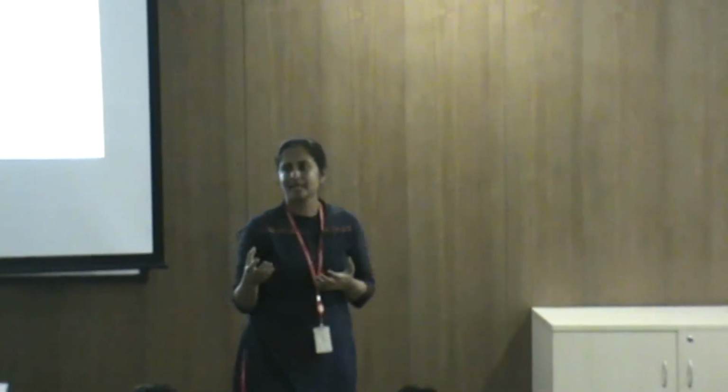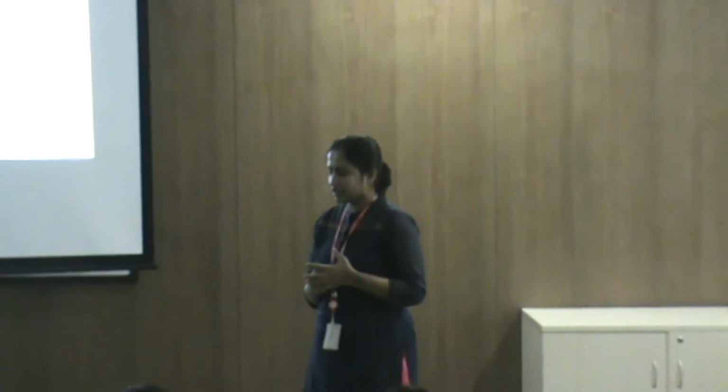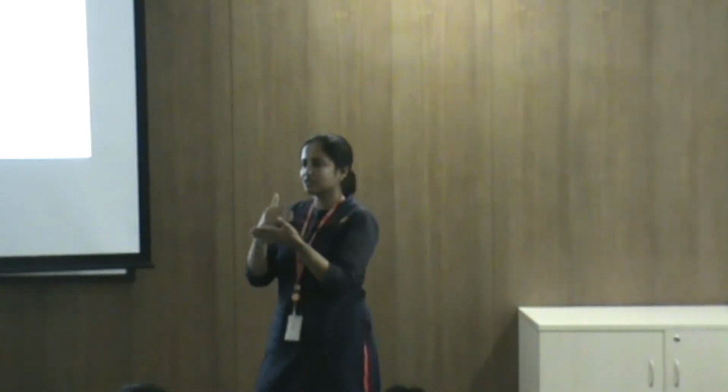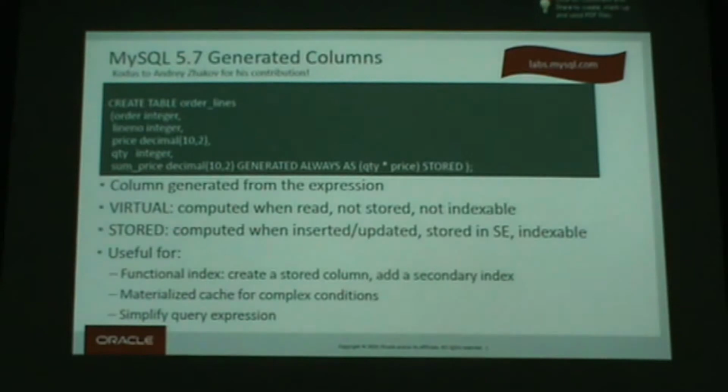This is useful for something called functional indexes. I'll give you an example. I have a condition like upper(name) equal to some name in uppercase. You convert the name from lowercase to uppercase and then compare it. Now you have an index on this name, but this index will never be used because the column is used inside a function.